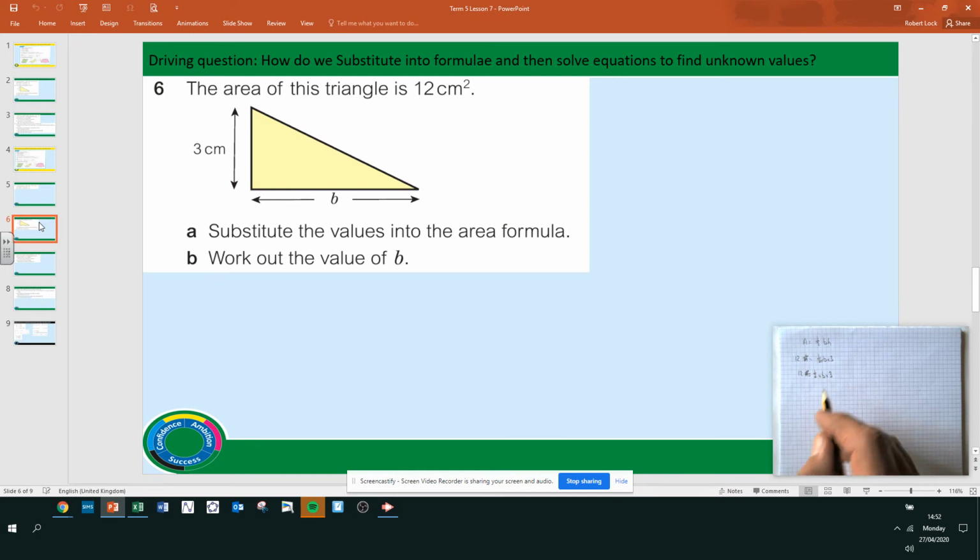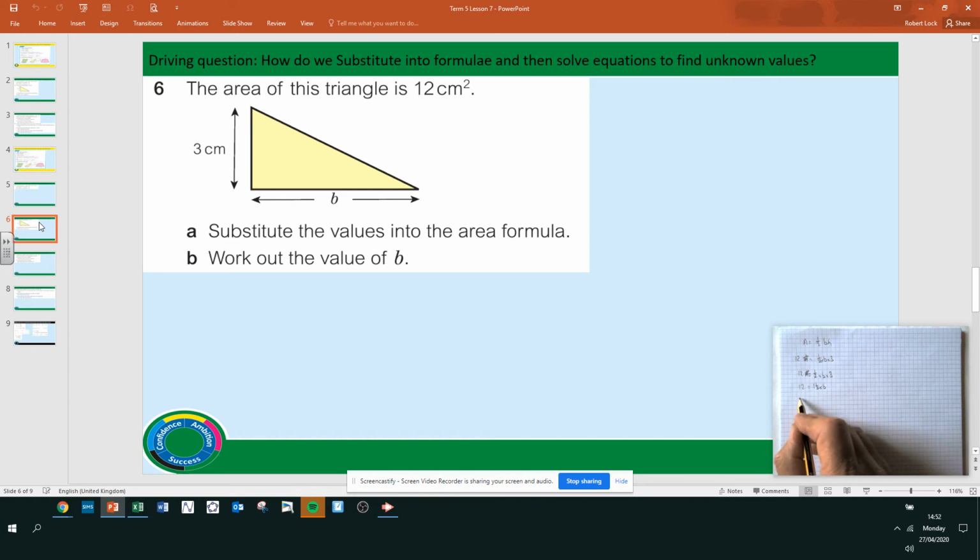Get rid of the B. Put the B there. Get rid of this. So half of 3 is 1.5. So 12 equals 1.5 times B, because half of 3 is 1.5.